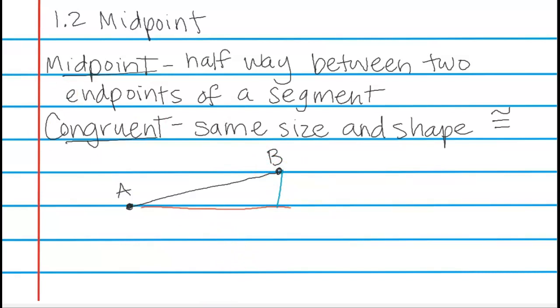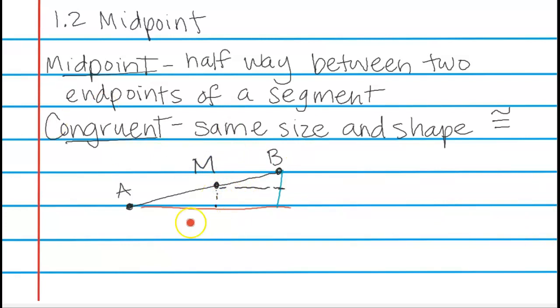So if I figure out those distances and travel half as much, so about half of my horizontal distance would be here, and half of my vertical distance here, if I travel half as much, I will reach my midpoint M.